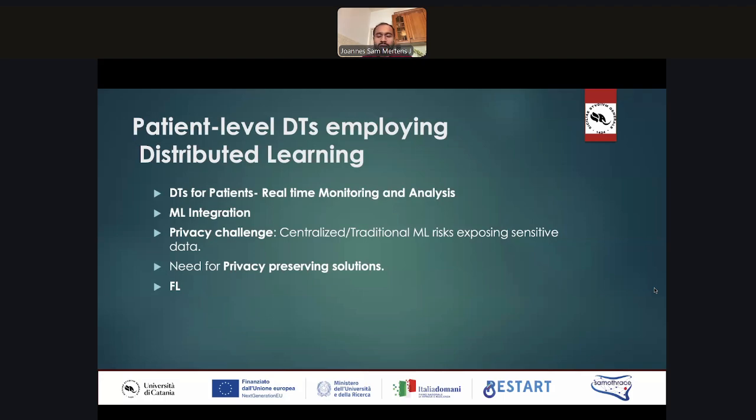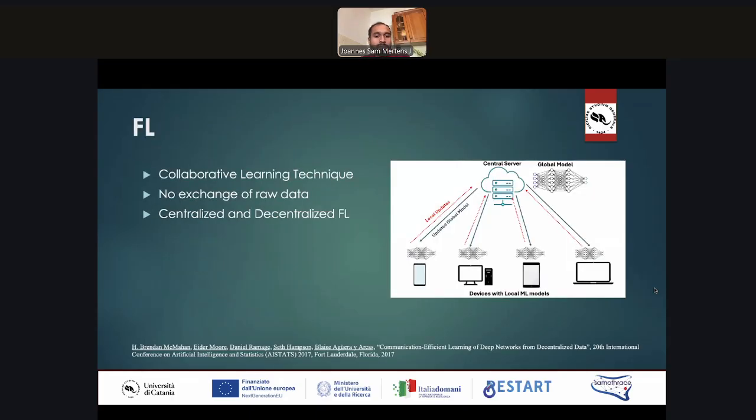One of the well-known privacy preserving techniques for collaboratively training machine learning models is the federated learning technique, that was proposed by Google in 2017. The paper, I have listed it down here.